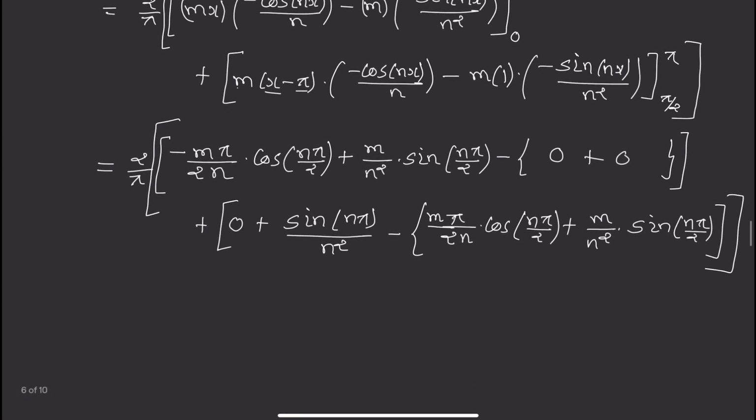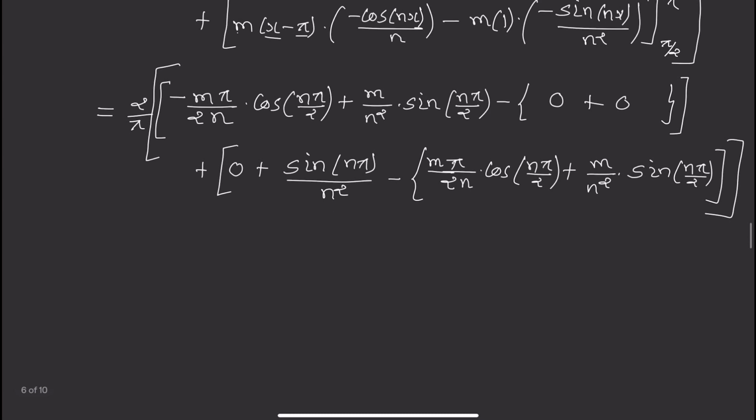So now let us see, can we cancel out anything or not? This is equal to 2 upon pi. Yes, look at here, m upon n square sine n pi by 2, and with this minus m upon n square sine n pi by 2.